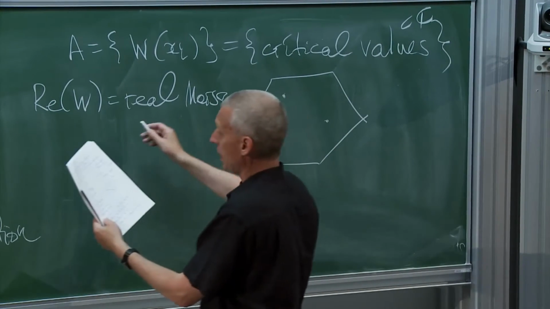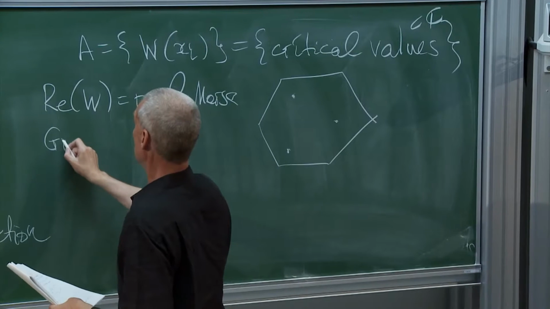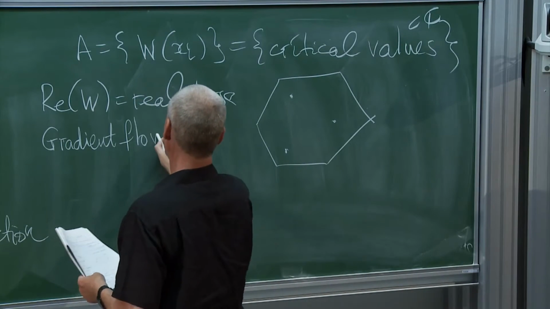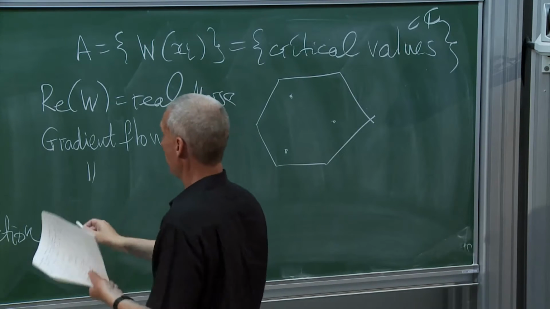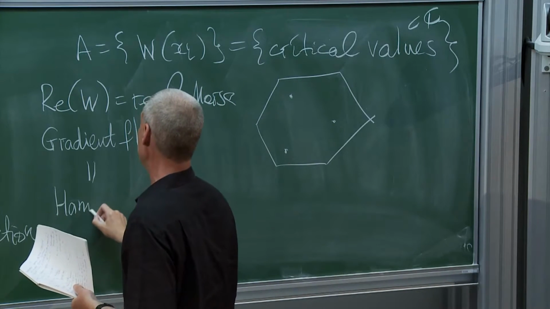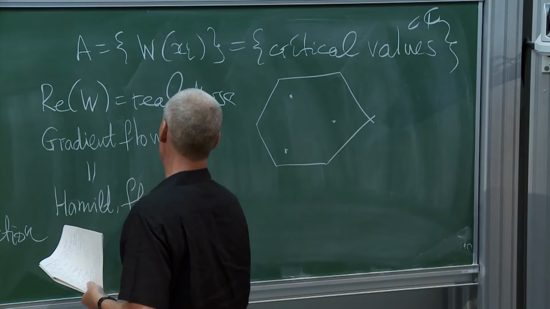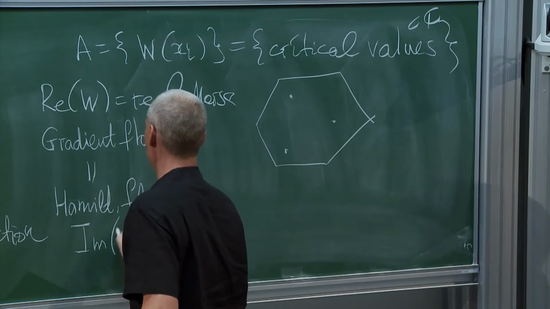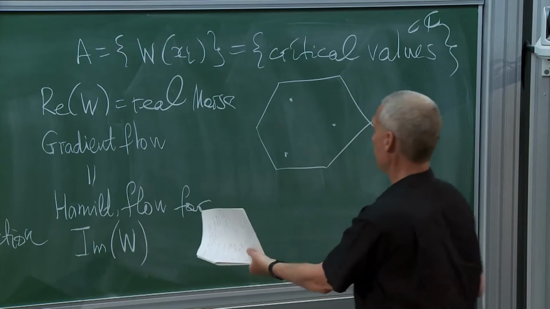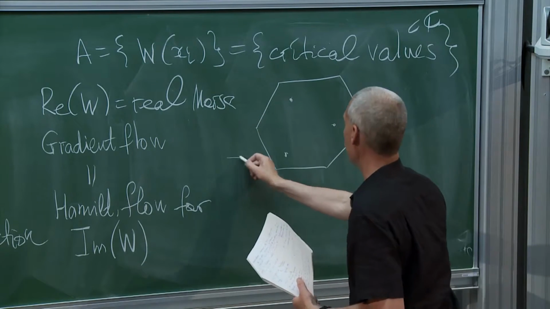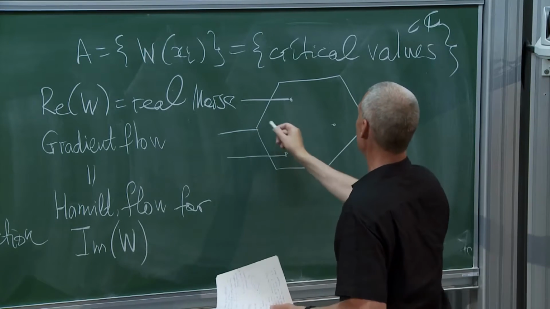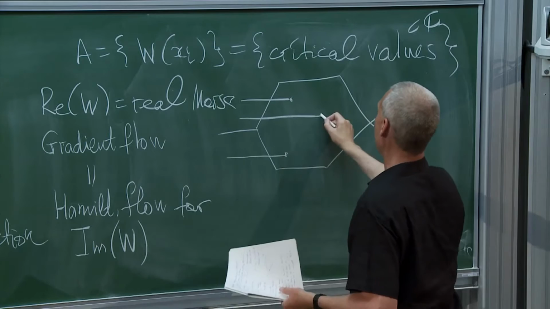And we look at the gradient flow. This is well known to be the same as the Hamiltonian flow for the imaginary part of W. The Hamiltonian is preserved, so the images of the gradient flow lines would be half lines like this.